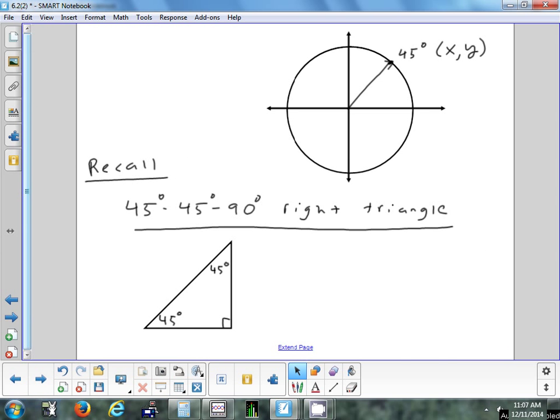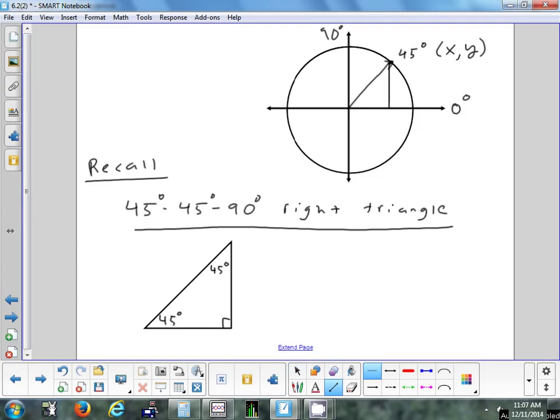So the first angle we're going to work with is a 45-degree angle. This would be 0, that's 90, and 45 would be right in the middle. If you want to be able to find the trig functions for 45 degrees, you need to know the coordinates for it. So what I've done is drawn in my terminal side for a 45-degree angle.